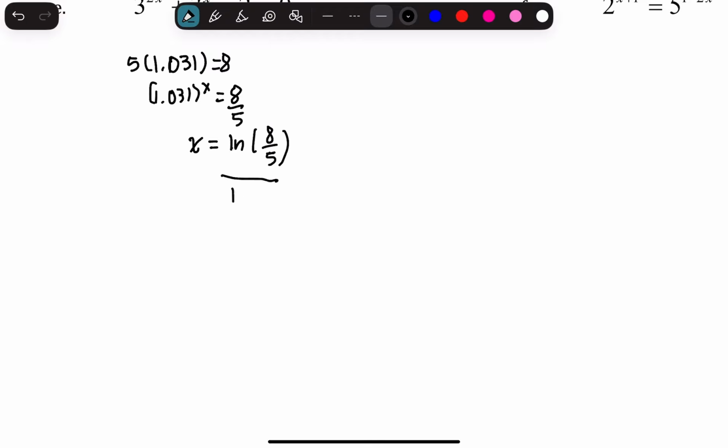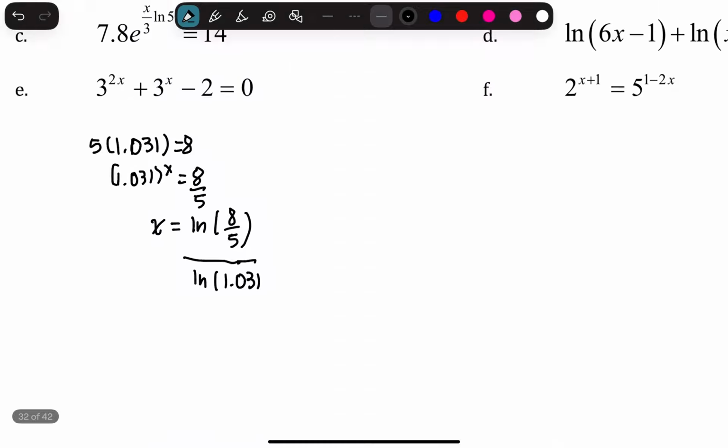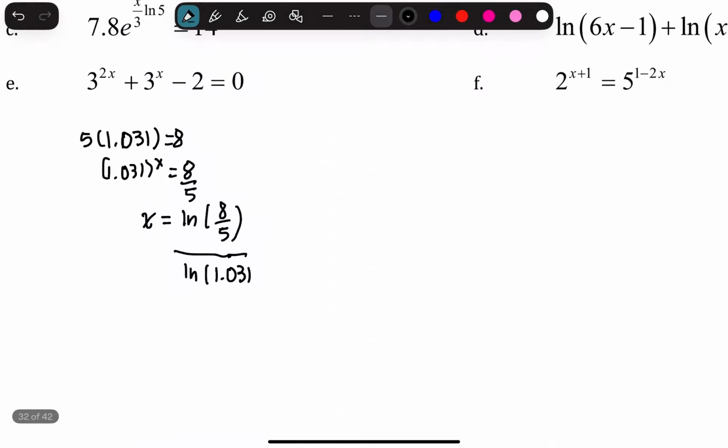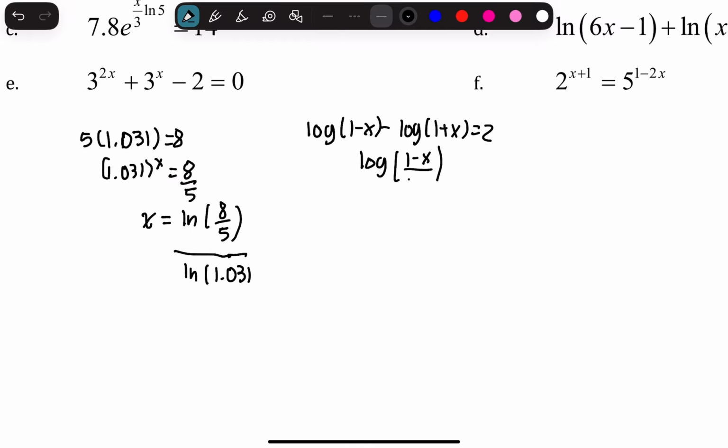divided by ln 1.031. Now, let's say we have log of 1 minus x minus log of 1 plus x is equal to 2. Then you have log of 1 minus x over 1 plus x is equal to 2.